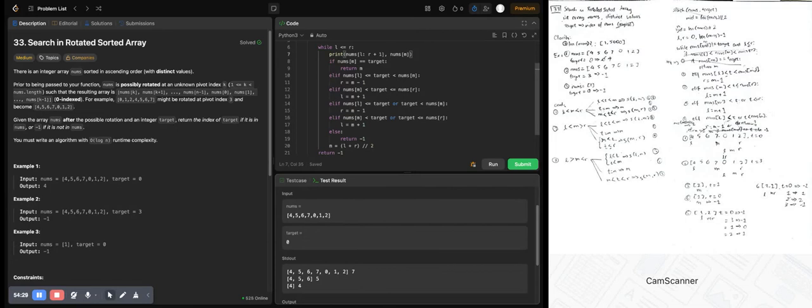Also no. Target is greater than left? No. Target is less than middle, which is... Okay, so... Alright. So I know one condition that we missed.